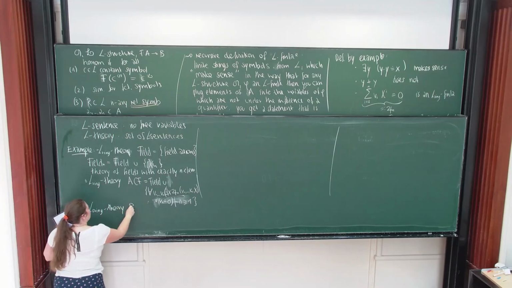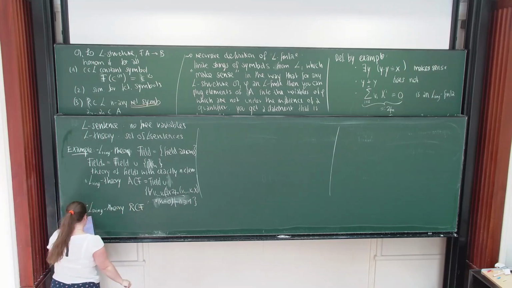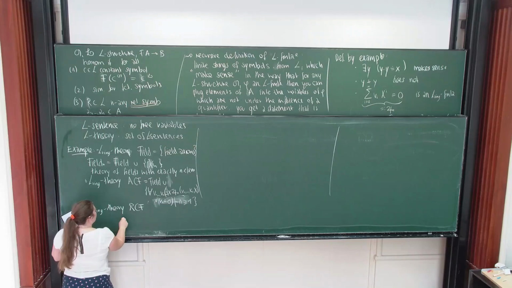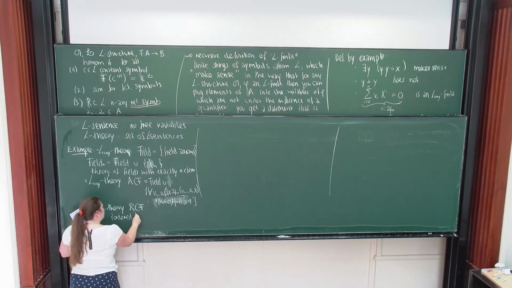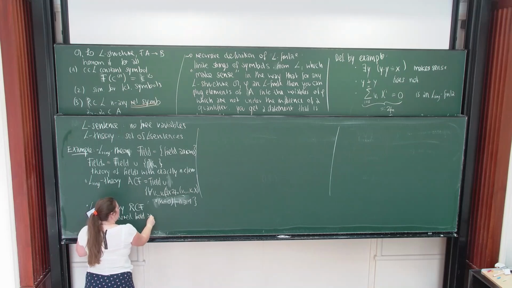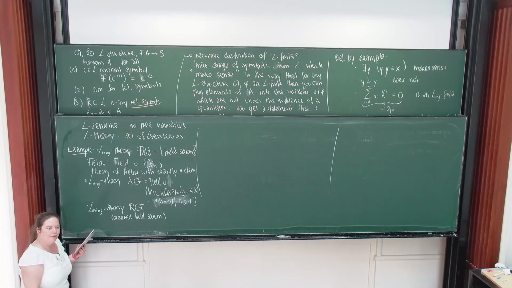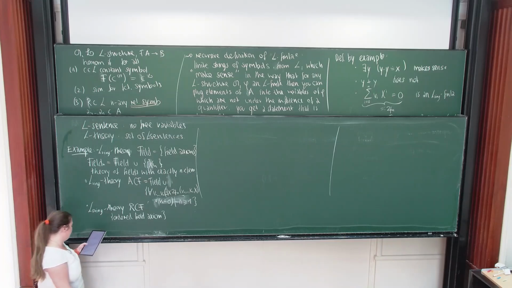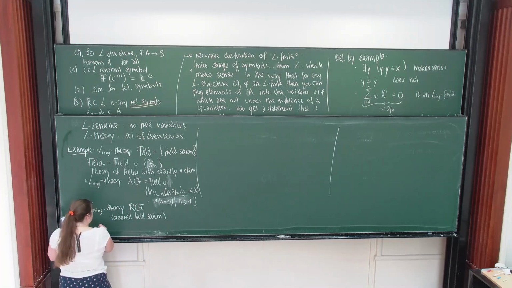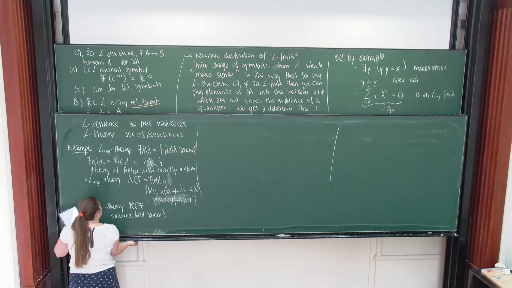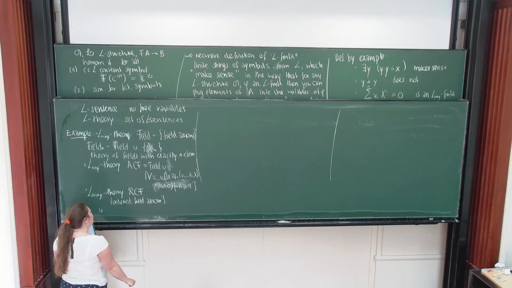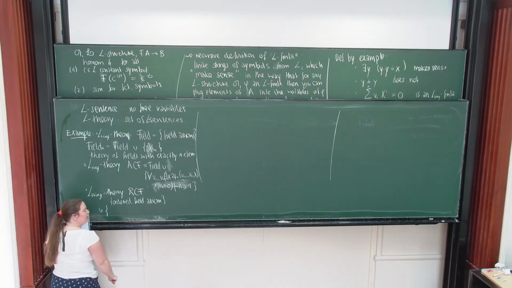I also look at the theory of real closed fields, which will be essentially the ordered field axioms. So field axioms together with less or equal to defines a field ordering, so it's compatible with plus and times in the appropriate way. And now I want to say, okay, so the field is called real closed if it's an ordered field such that every positive element is a square.